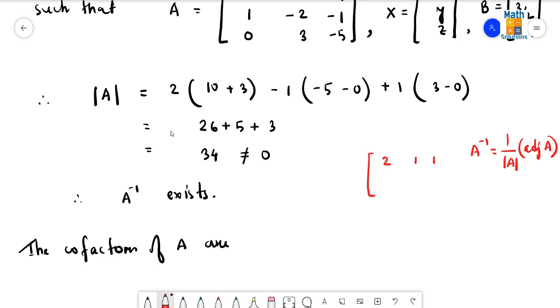Please do not write this part. This is for my own purpose I am writing here. So 1, minus 2, minus 1, then 0, 3, minus 5.